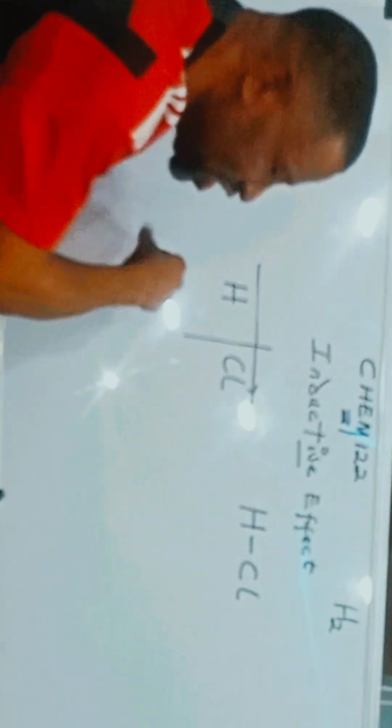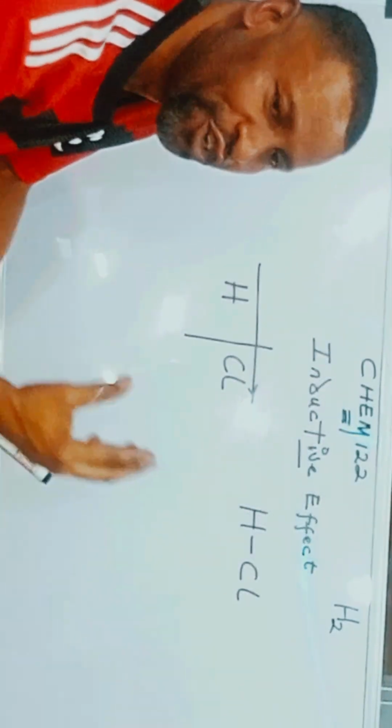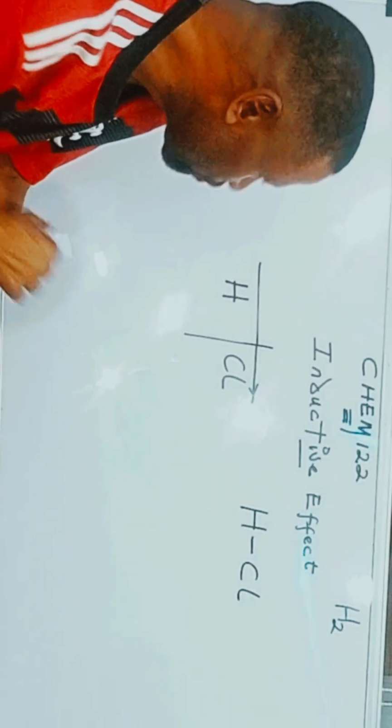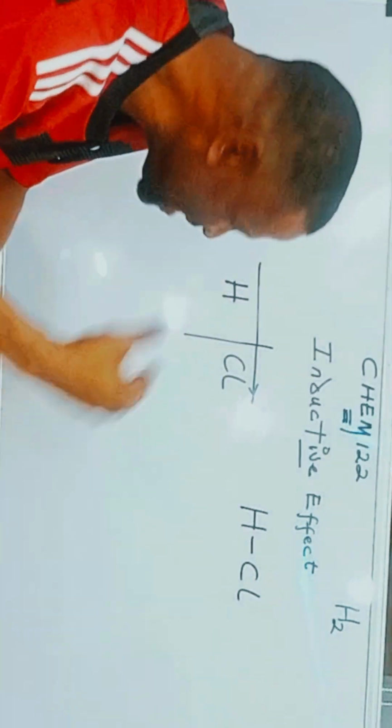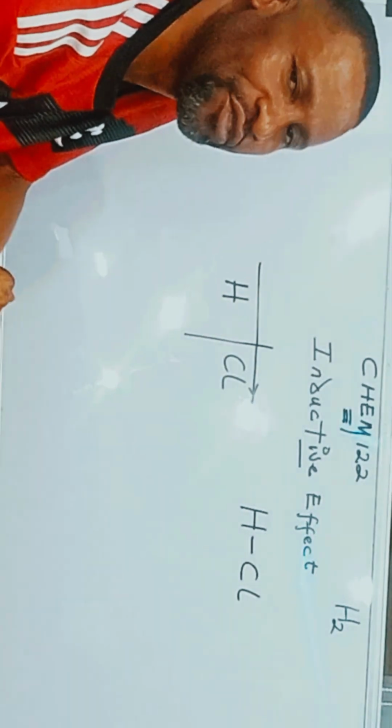Now, hydrogen is poorly electronegative. It doesn't have enough power to attract electrons. Chlorine is highly electronegative, with a very high power to attract electrons.